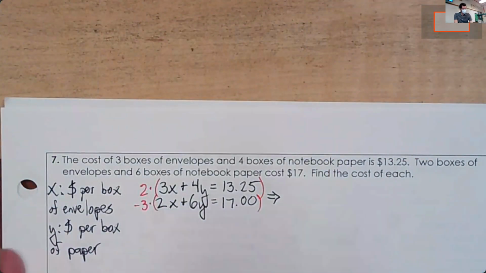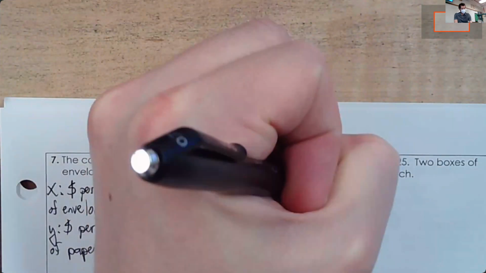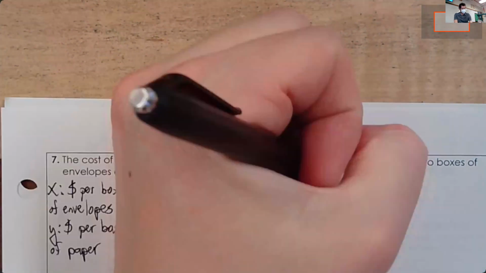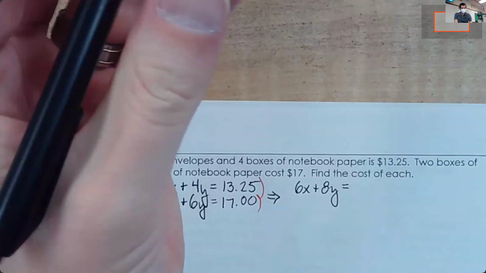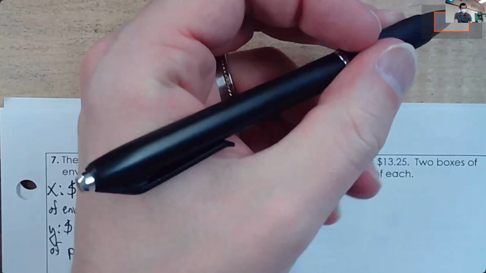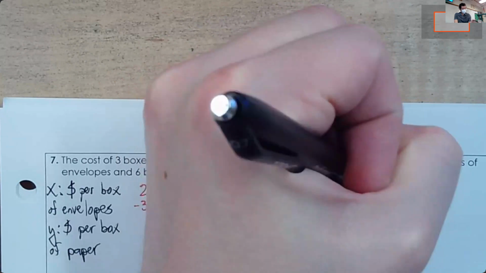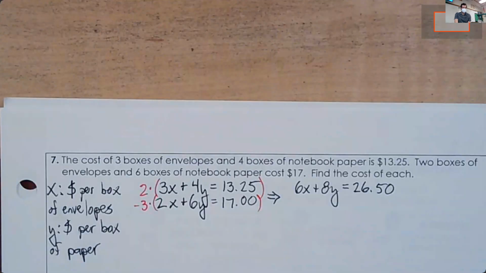2 times 3x, that's 6x. 2 times 4y is 8y. And 2 times 1325 would be 2650, sorry, 2650. So we got 6x plus 8y equals 2650.